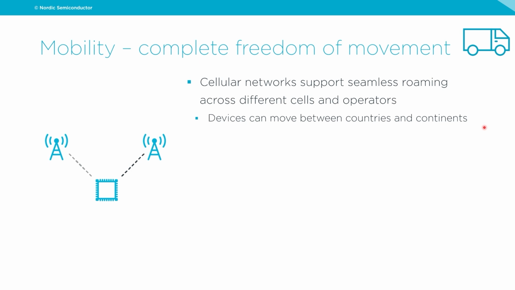So it's not something you need to be concerned about at your device level or application level. All of this will be handled on your behalf, which means that the big benefit here is that if you have devices that need to be deployed globally, and you're expecting them to move across country borders or even across continents, then Cellular IoT is really the best solution for you because it brings you all those advantages. So that's something you don't need to be concerned about.